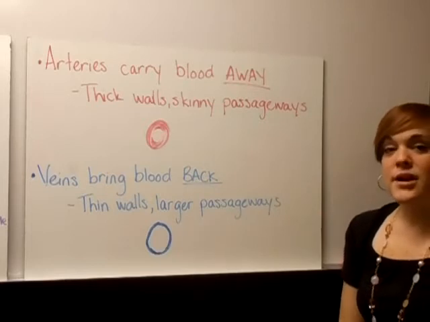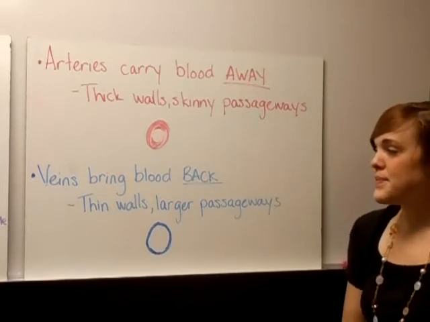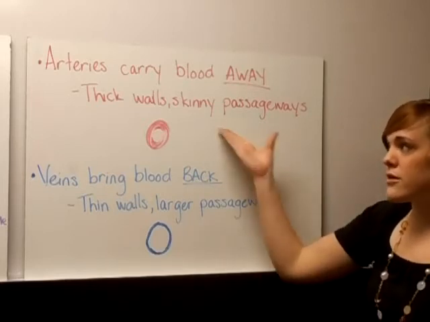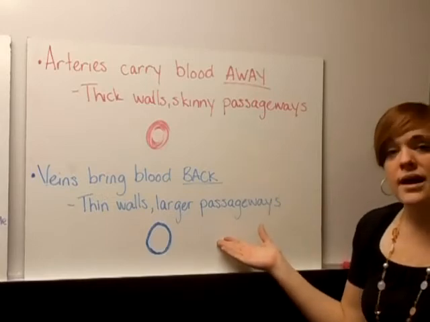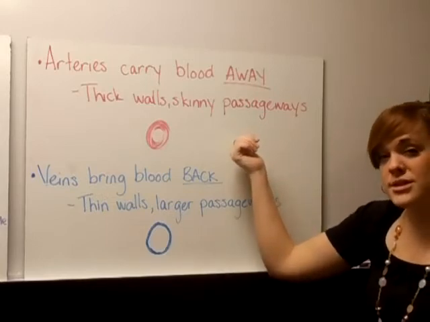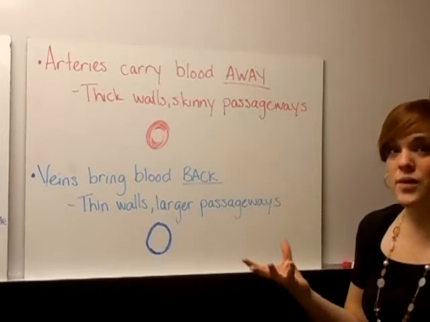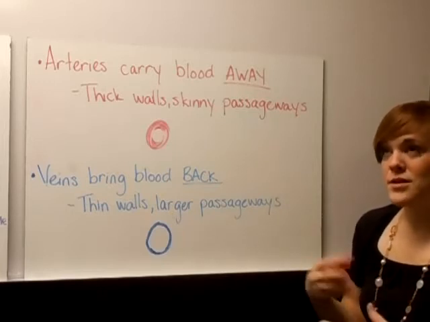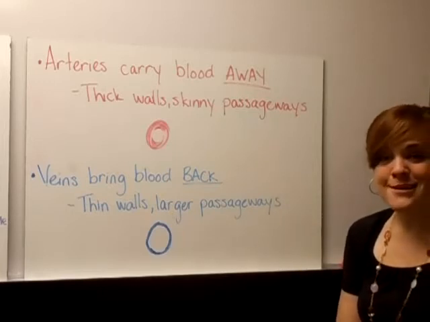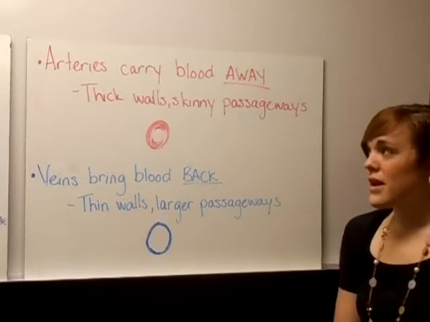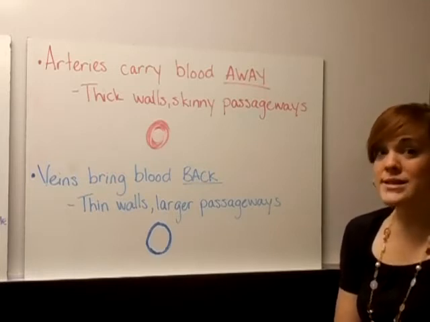Now, we talked in class about how your blood is not blue, but in all pictures, arteries will be red, veins will be blue, and that's because when your blood picks up oxygen, it is bright red because of the hemoglobin in the red blood cells. Arteries carry blood that's very bright red.